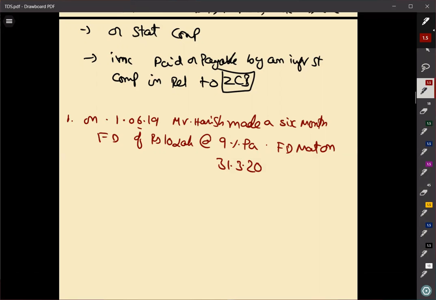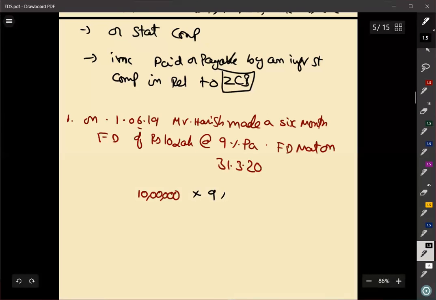Now, what is the amount of interest? Let us calculate the amount of interest here. So the principal deposited by Mr. Harish is 10 lakhs. On this, 9% per annum. Finally, I need to charge this for 10 months. So into 10 by 12, that will give you the amount of interest.